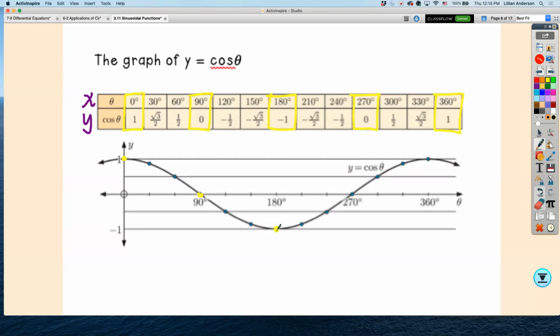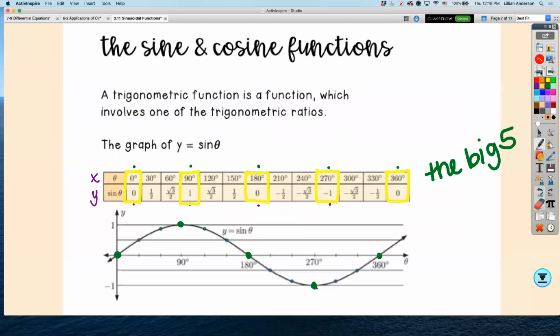What do you notice about the cosine graph that's the same as the sine graph? What do you notice between the cosine of theta's graph that's the same as the sine theta graph? The shape. They both are what?